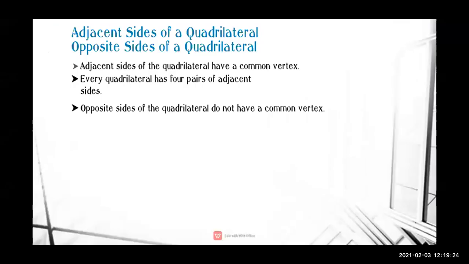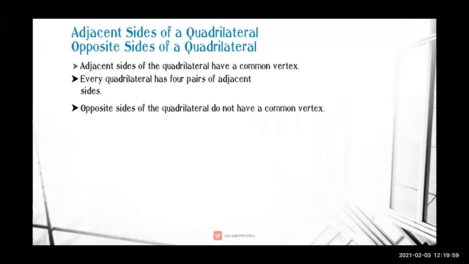Okay. Now next we are going to learn what are adjacent sides of a quadrilateral and what are the opposite sides of a quadrilateral. Adjacent sides of a quadrilateral means the sides have a common vertex.